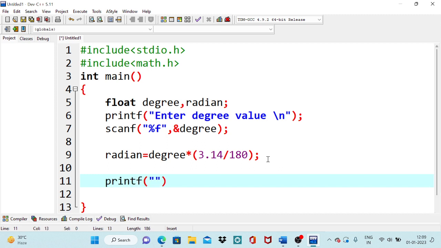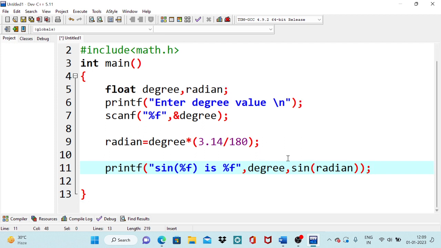First, I need to call the function sine, sine of the entered number, that is again a float value. The entered number is in terms of degrees, but the sine function accepts only radians. So I am passing the radian as the input argument.